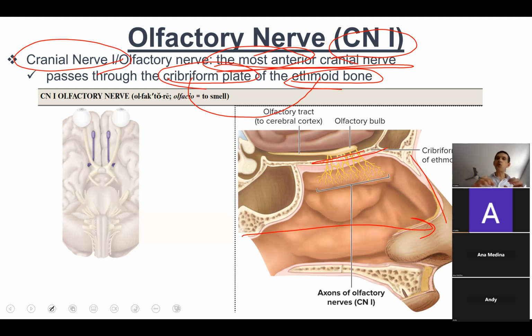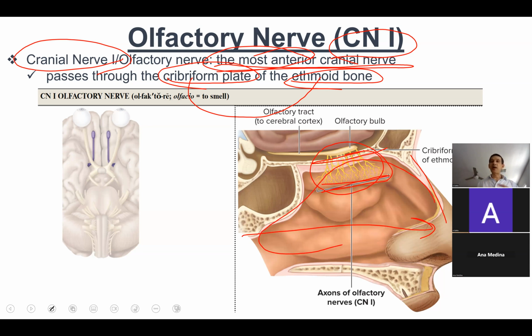So there are a lot of holes, and 2,000 to 3,000 of these projections, the cranial nerves, enter the nasopharynx. So inside the nose, enter the nasopharynx, and nasopharynx is obviously what allows you to smell.